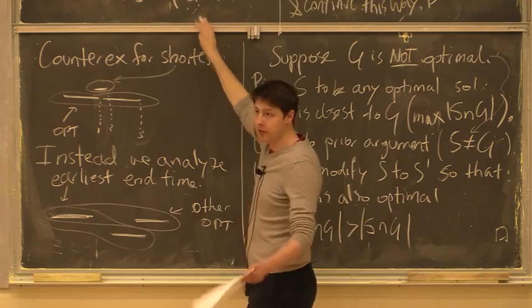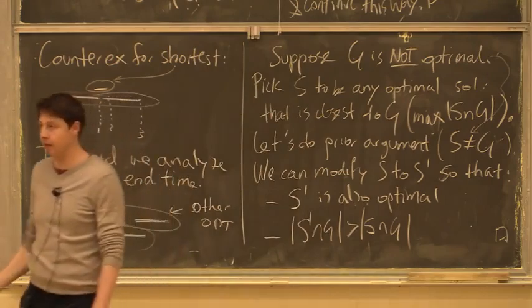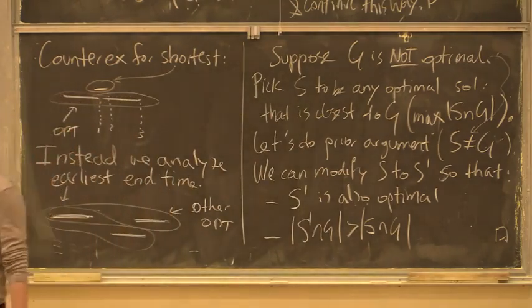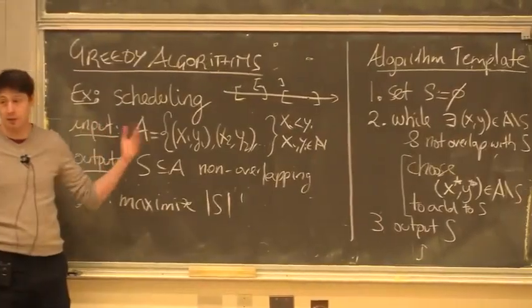Okay, so if the optimal number of classes is 80, and I substitute the 80th class for some other class, I still have an optimal scheduling. We don't care about a particular class, we just care how many classes are scheduled. So this is only counting the cardinality of the set. Here we have these intervals. Some of them are big intervals, some are small intervals, some of them are earlier, some of them are later.